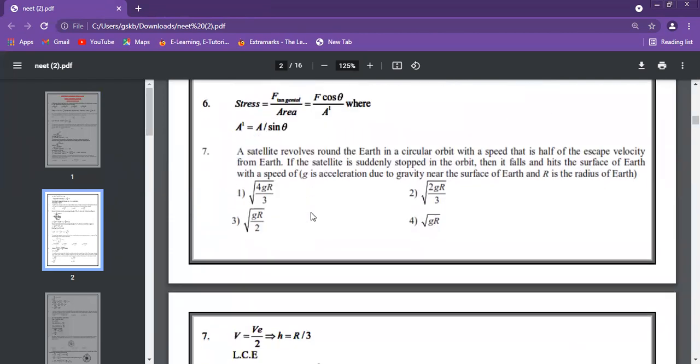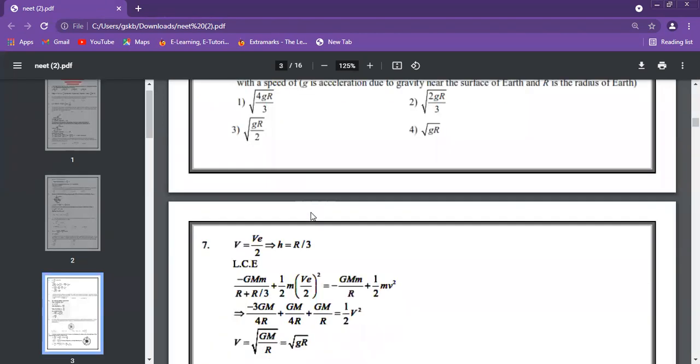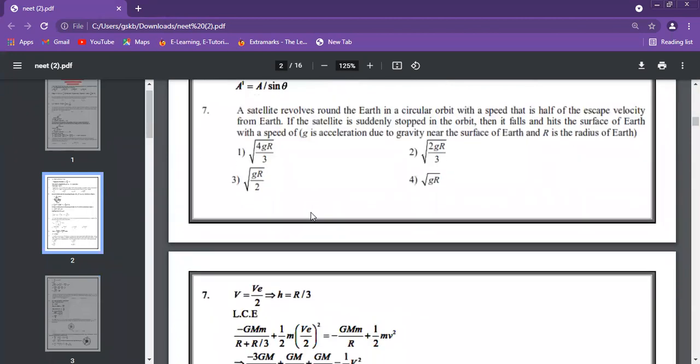The seventh one is from the gravitation chapter. They give a velocity which is half of the escape velocity. If the satellite is suddenly stopped in the orbit, then it will fall and hit the surface.